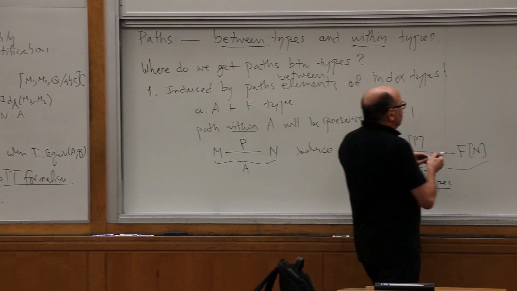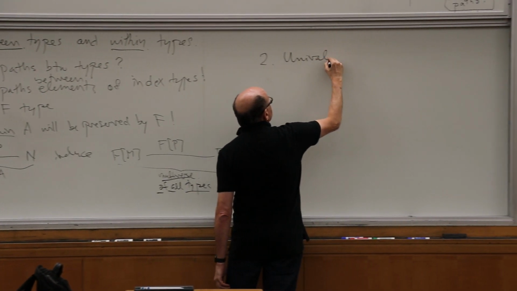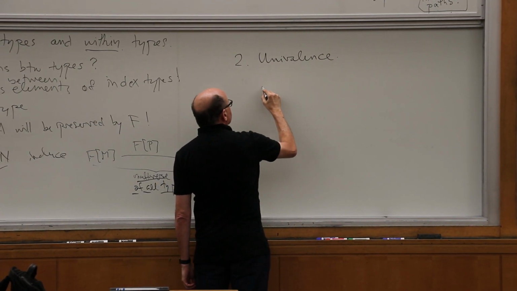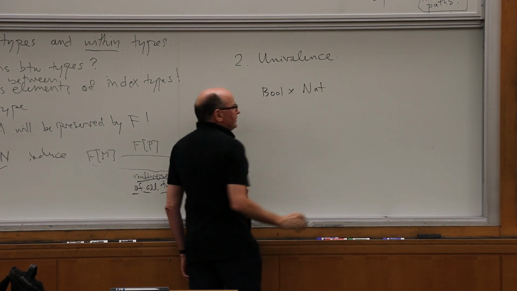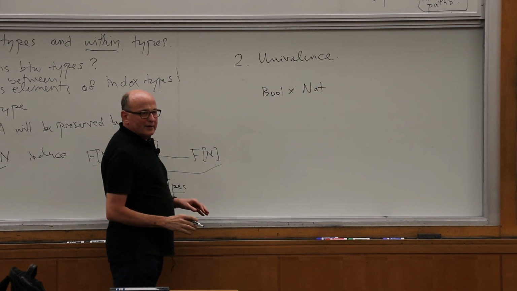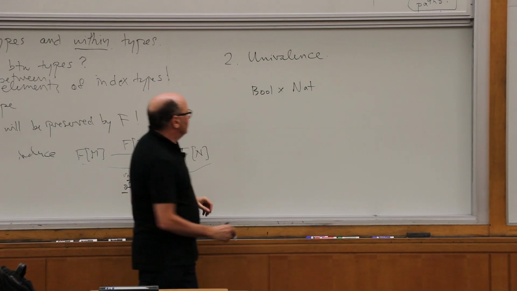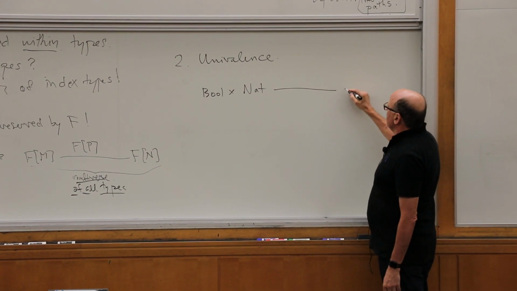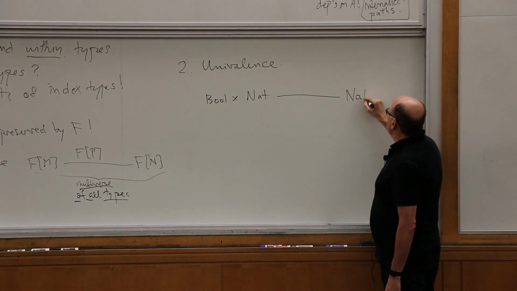The other major source of types is univalence. And the example I'm going to work with is, all of this can be done in outrageous generality, but I'm hoping that I can pull this off. So let's see what happens. Okay, so I'm going to look at an instance of univalence, given by the equivalence between bool cross nat and nat cross bool.